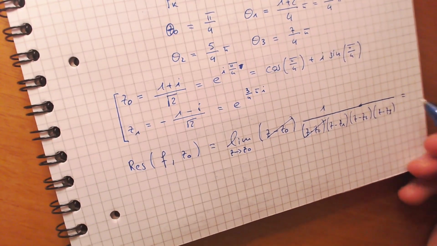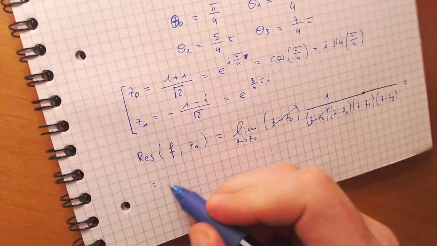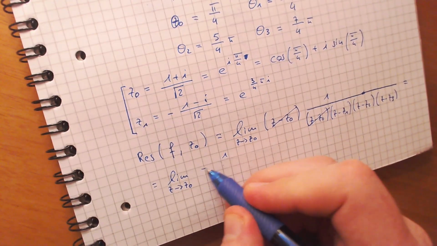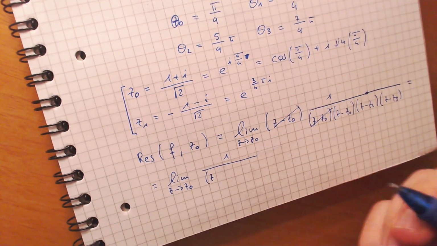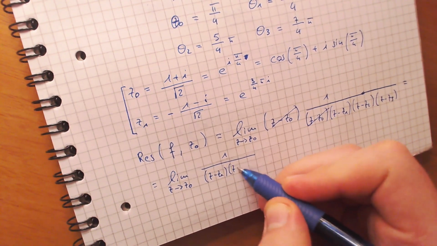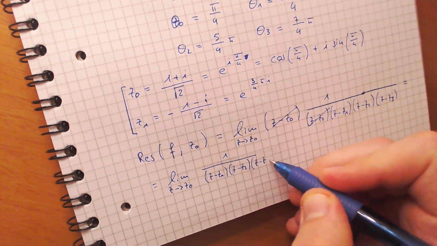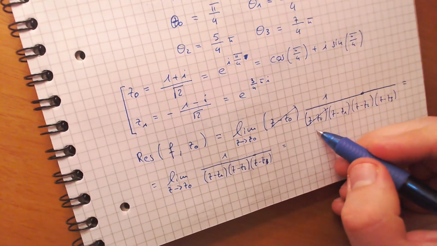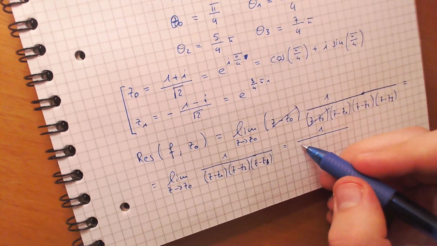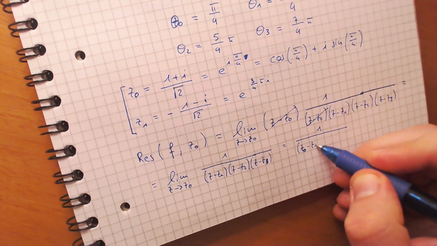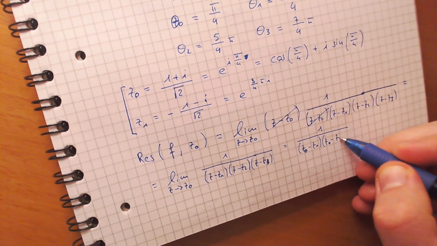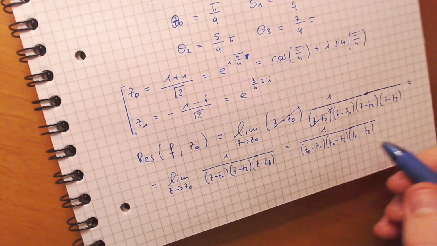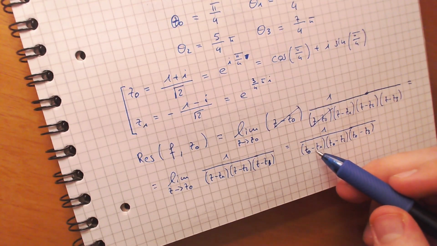And now, if we consider this, we can cancel these two terms, and then we end up with the limit of z approaching z0 of 1 over z minus z1, z minus z2, and z minus z3. So here we end up with 1 over z0 minus z1, z0 minus z2, and z0 minus z3, and this is the residue at z0.